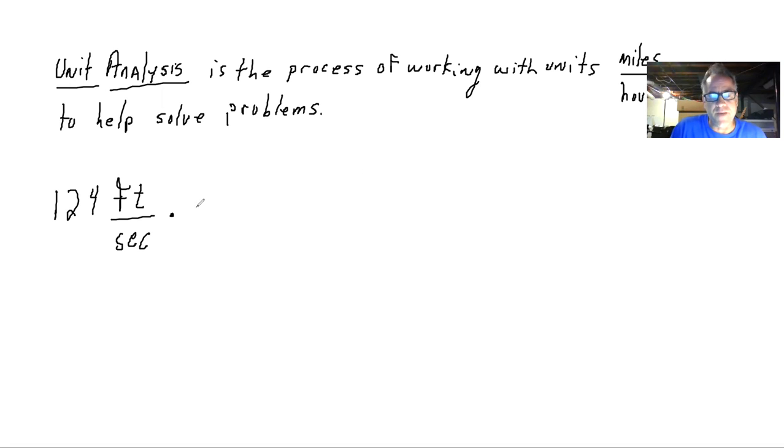And the only way I can get the feet to cancel out is I have to have feet down in the bottom, because then I could cancel the top factor and the bottom factor. Feet over feet would cancel out. So what I need to put up here is in 1 foot, so I can get my feet to cancel out. And remember, I want to get miles here.